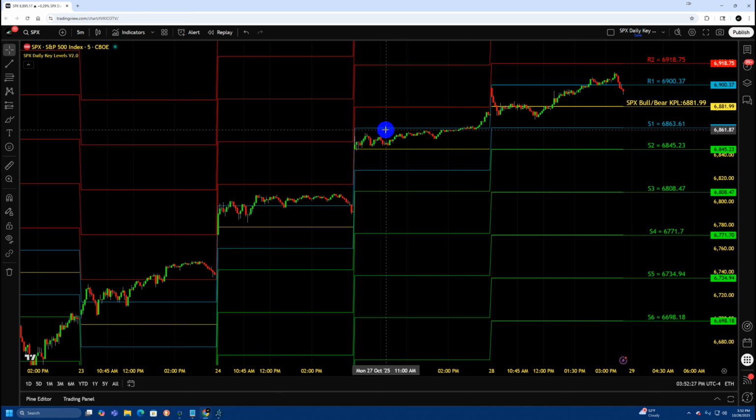Because if there's not enough reward in it, for example, taking a bullish play off of R1, if you're not getting at least one level of bullish movement off of R1, meaning it's going all the way to R2, then it's probably not a good idea to be taking bullish plays off of R1.